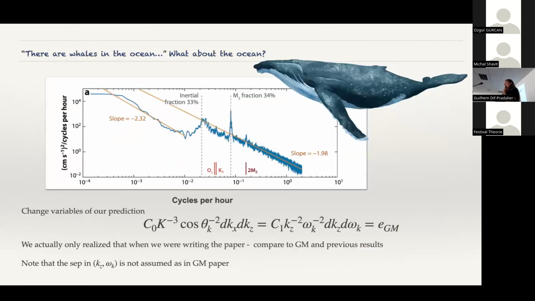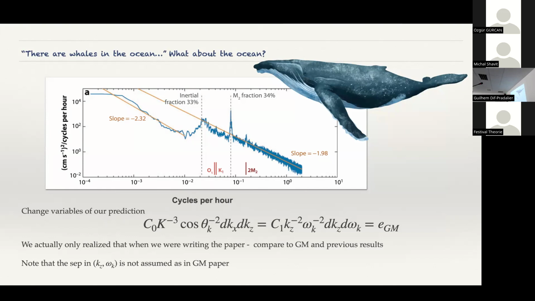And so, back to the whales, when we were writing the paper, Oliver said, we actually need to compare it to the Garrett-Monk spectrum and see what we have to say about it. The variables that we work in are kx and kd.